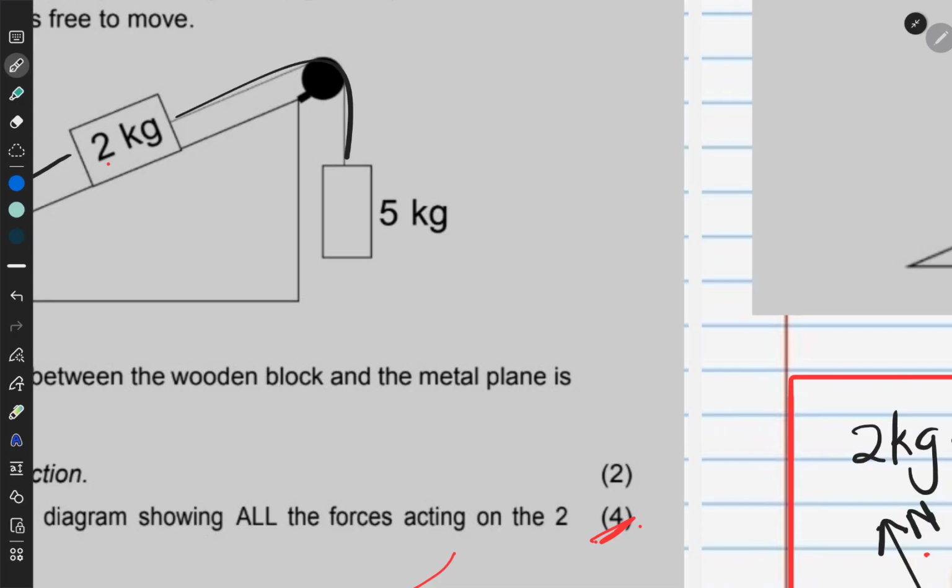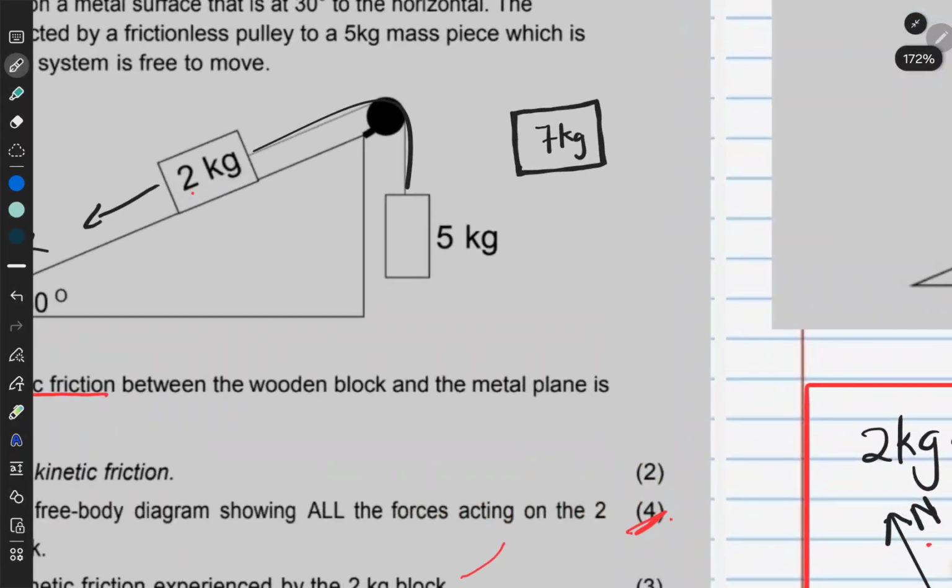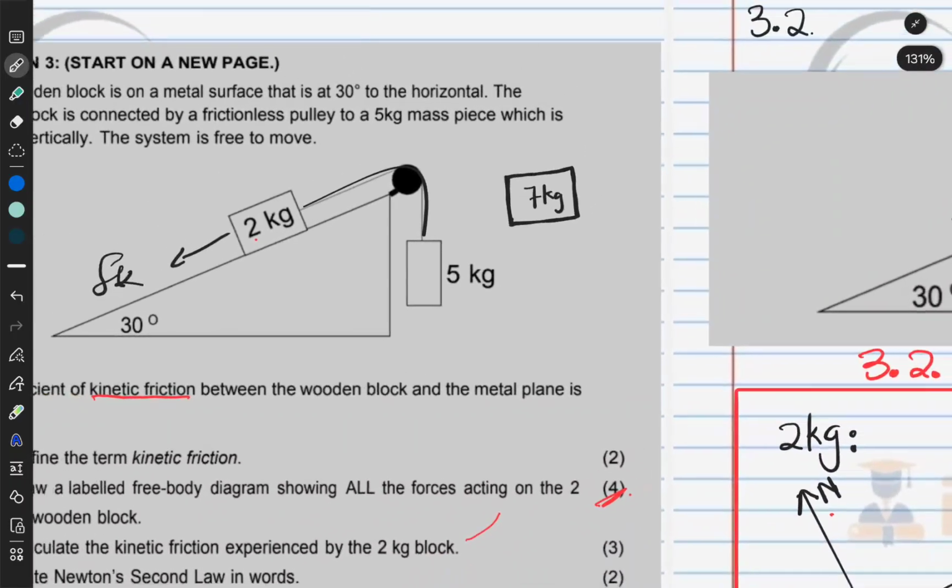What you end up doing is you create one big block which has both masses combined. So this block will be 2 plus 5, which is 7 kilograms. I don't really recommend this method unless you have practiced enough.